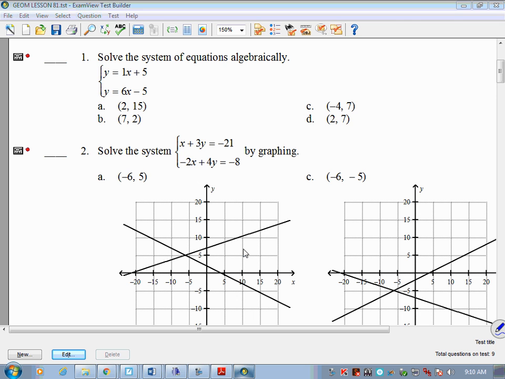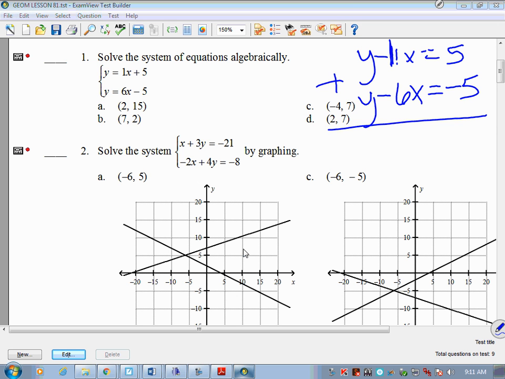In order to solve by elimination, we need both our variables on the same side. So this would be better served as y minus 1x equals 5, and y minus 6x equals negative 5. And then we would add those together.